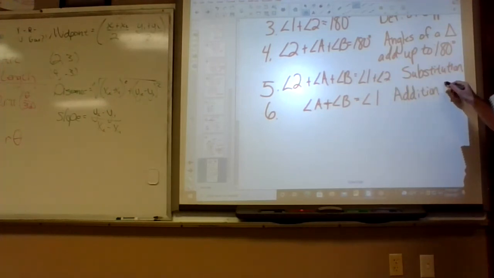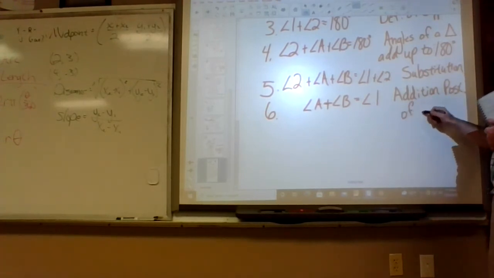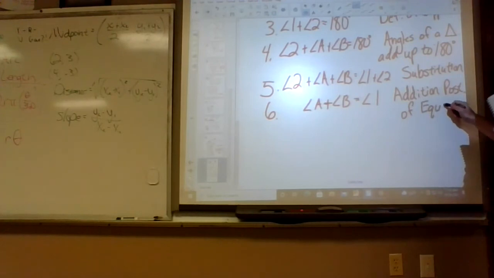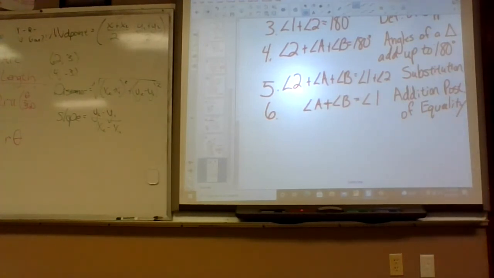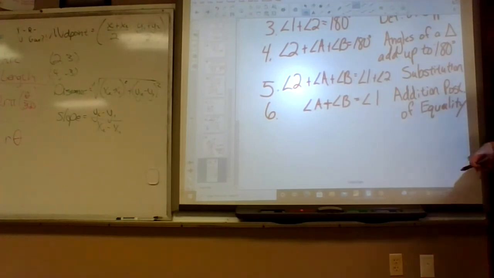It's been a long time since we used that one. Addition postulate of equality, because that goes with adding and subtracting. Some books actually call it subtraction property of equality. This book calls both of them addition property of equality.